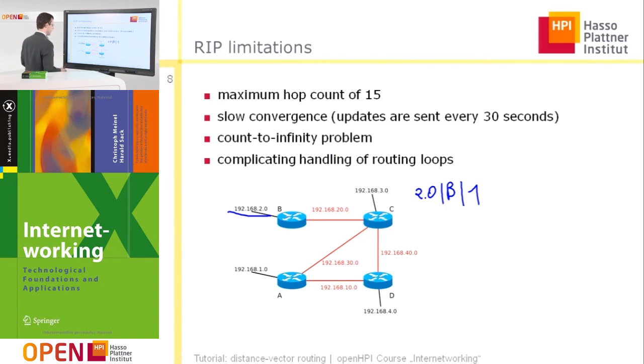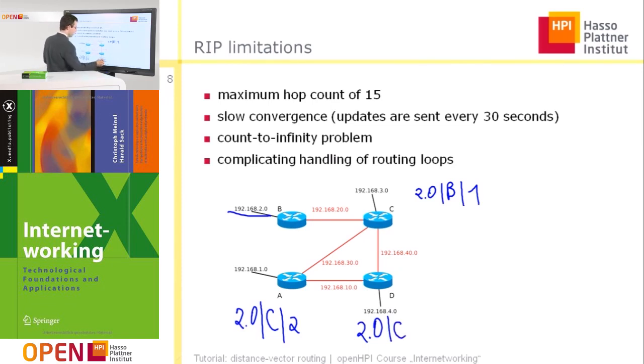And routers A and D both have the same information to this network. Through router C as the next hop with a hop count of 2, and router D has the same entry in its routing table, so it could reach this network through router C with a hop count of 2.